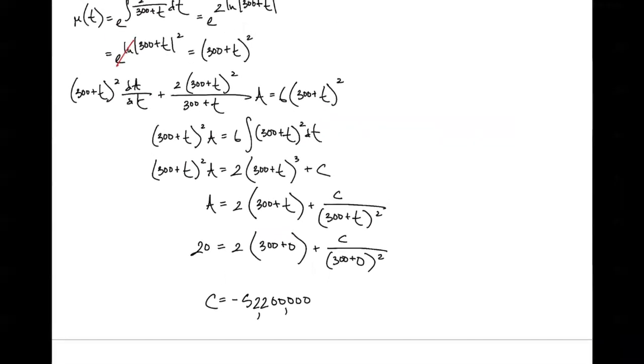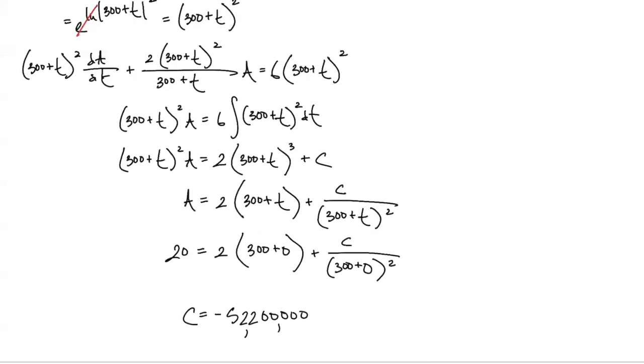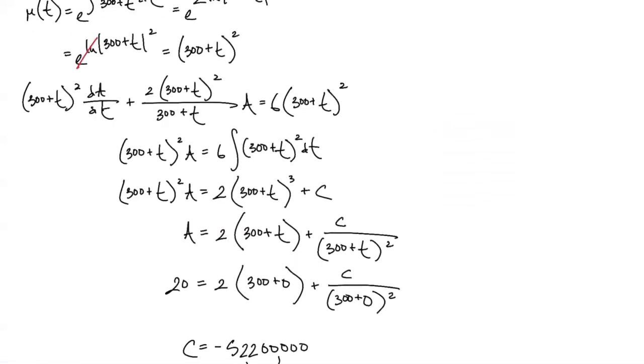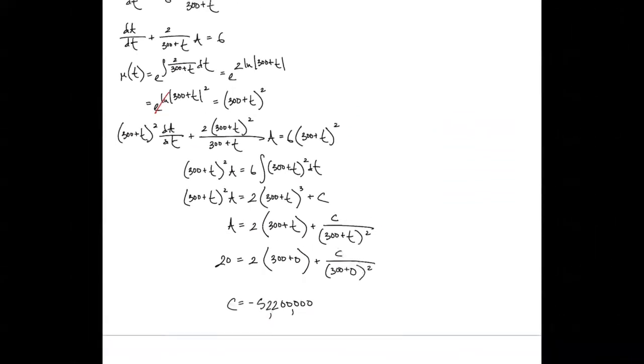Last step, all they wanted was a function. So we're going to go ahead and replace the letter C with this number. Let me shrink some of this a little bit so I can fit my answer down here.